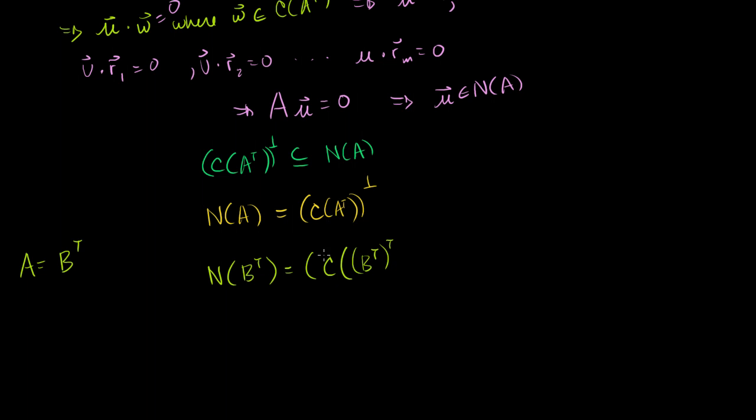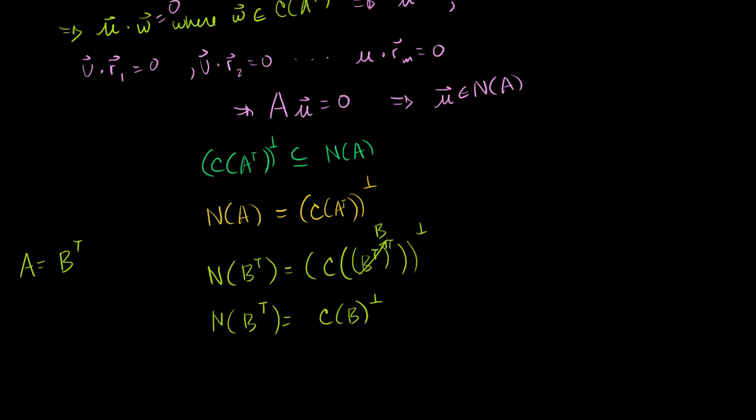A transpose is B transpose transposed. Let me get my parentheses right. And then that thing's orthogonal complement. So what is this equal to? The transpose of the transpose is just equal to B. So I could write it as the null space of B transpose is equal to the orthogonal complement of the column space of B.